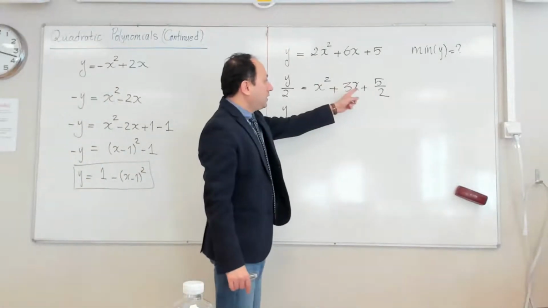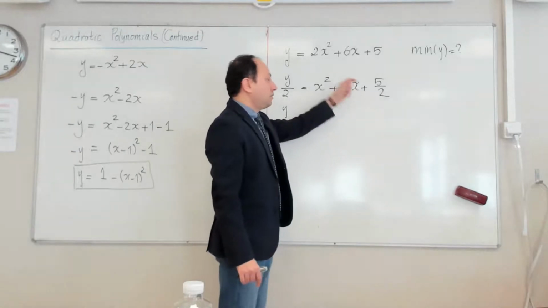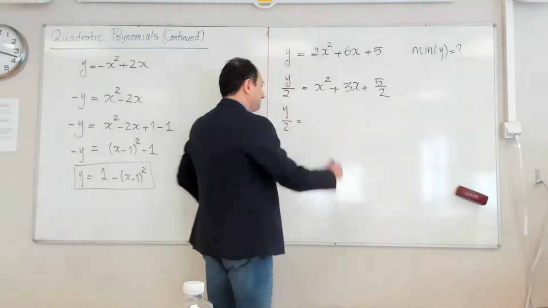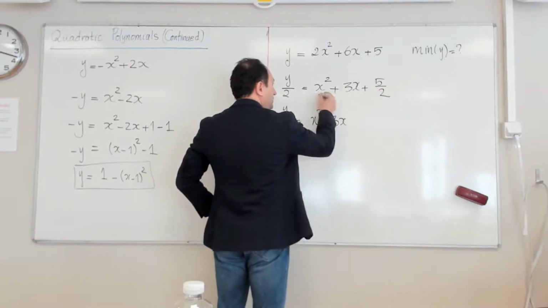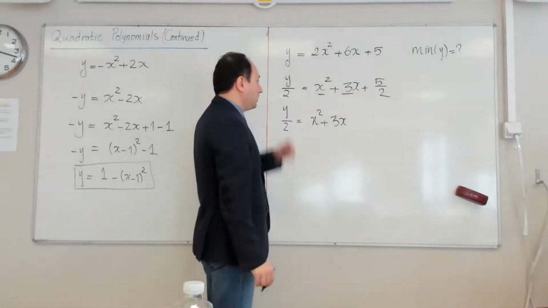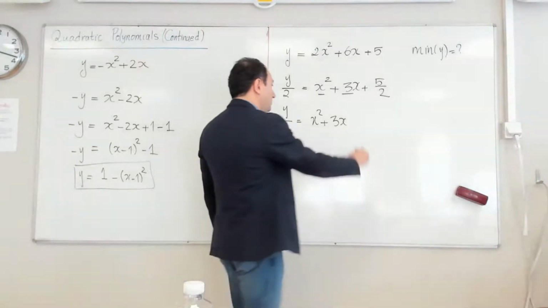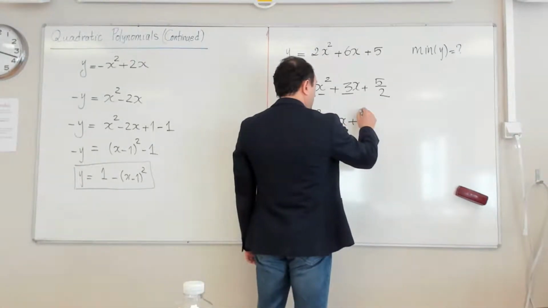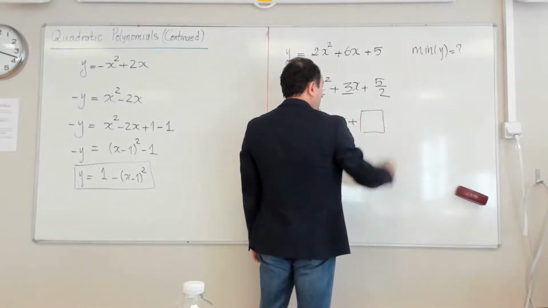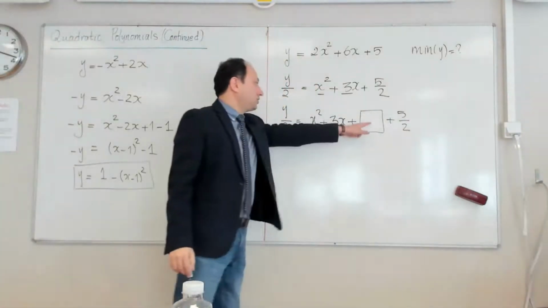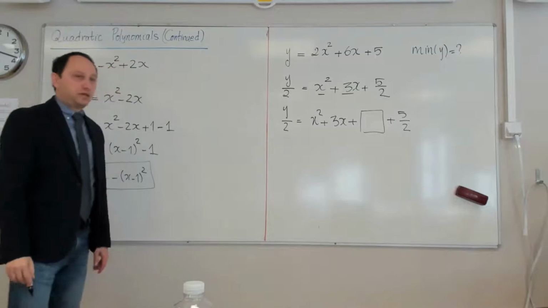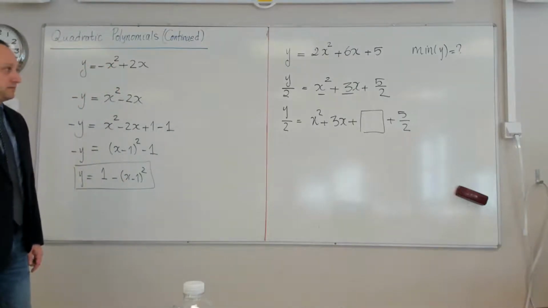Can you tell me what is my magic number? What number should I add here? Because still these two are not complete squares. I have only one complete square. So let me put this here, the empty box. And of course I have a 5/2 there. So what should I put there to make it a complete square? 6/4.